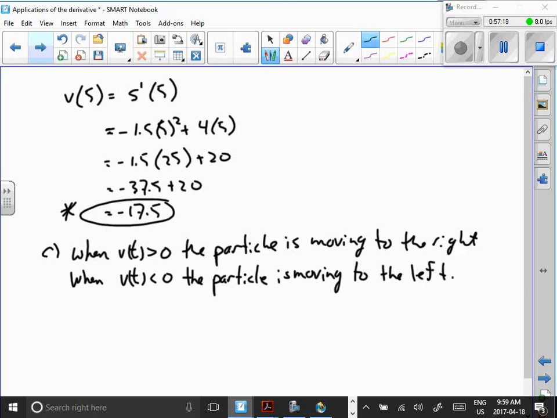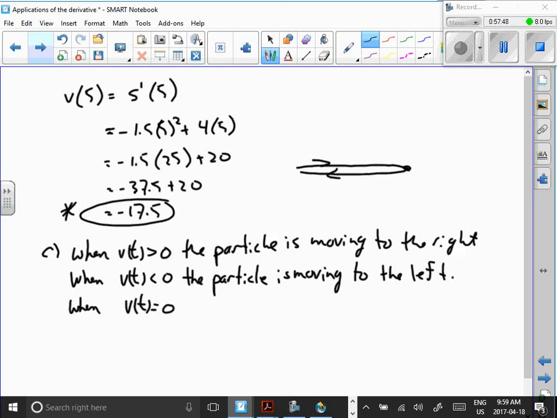What about when V at t equals 0? It's not moving, or it could be changing direction. Right? So if you're moving this way, and you stop and move this way, and you're going that way, and you stop, move back, right there, just for an instant, your velocity is 0. Not moving either direction. Right? Just for an instant.